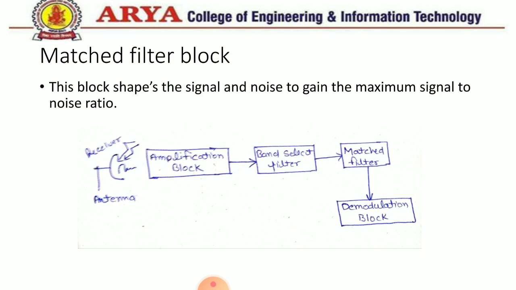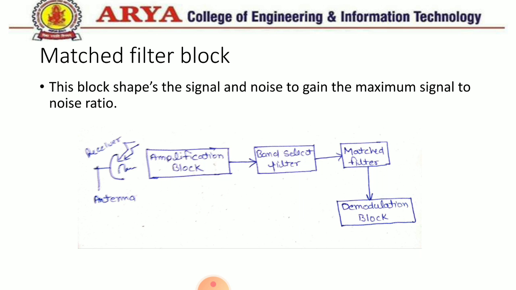So the next block is the matched filter block. The role of the matched filter is that it gives such a shape to the signal so that it will give maximum gain. So we can say this block shapes the signal and noise to gain the maximum signal to noise ratio.